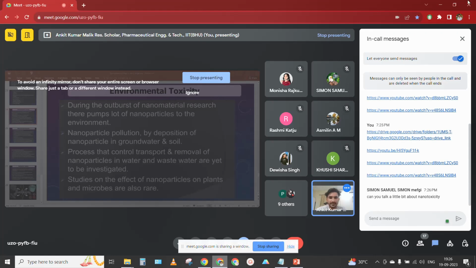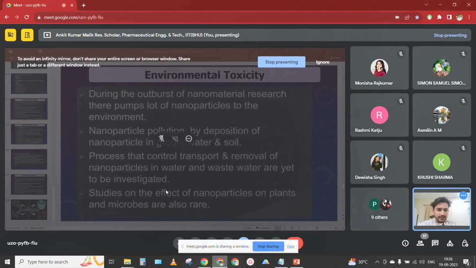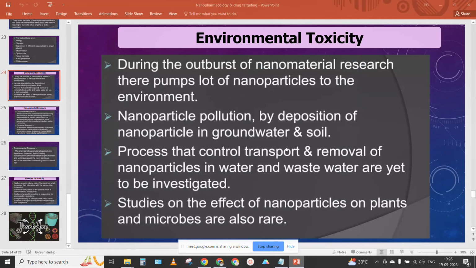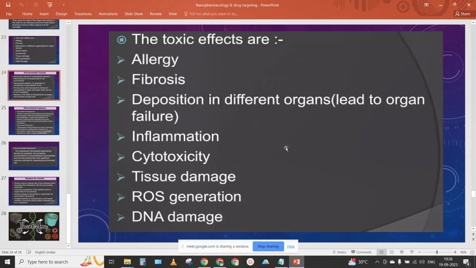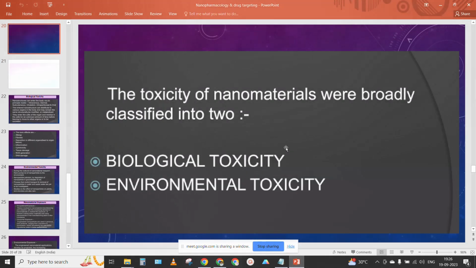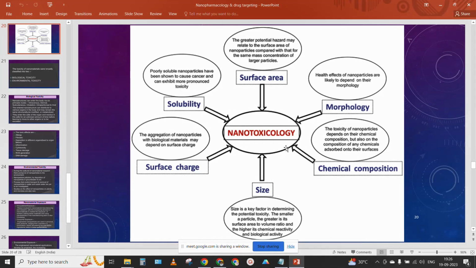So nanotoxicity. Okay, Simon. Let me reshare the slides. See, toxicity is what? Toxicity is taking an overdose of something, like drug toxicity, in the same way. Is the screen visible to all?